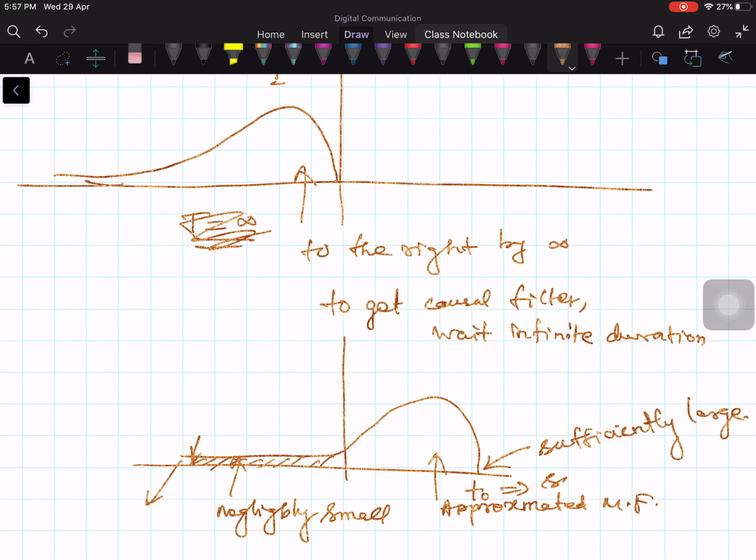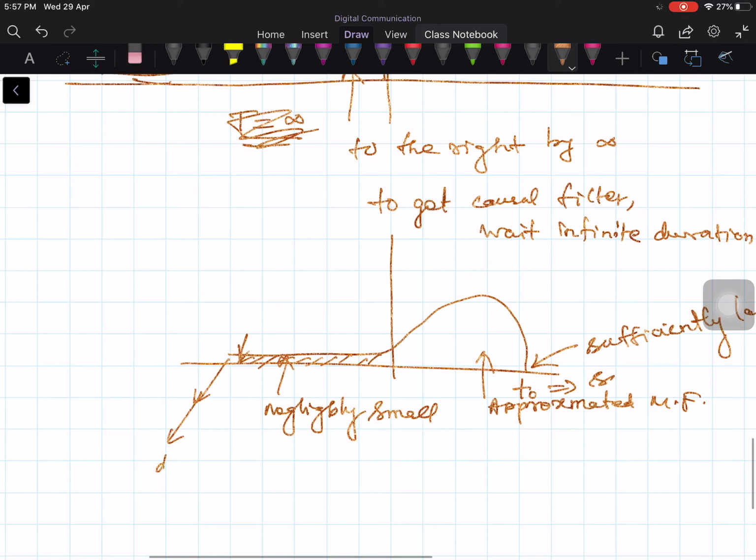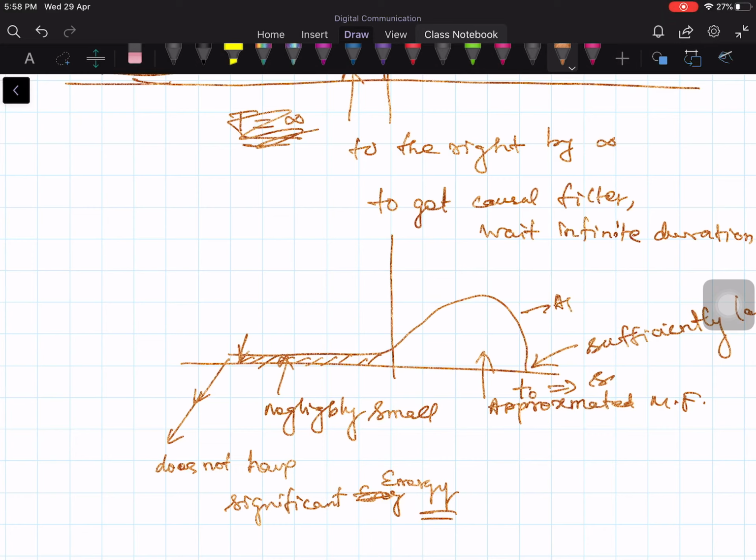In this case you can say this is the approximated matched filter response.